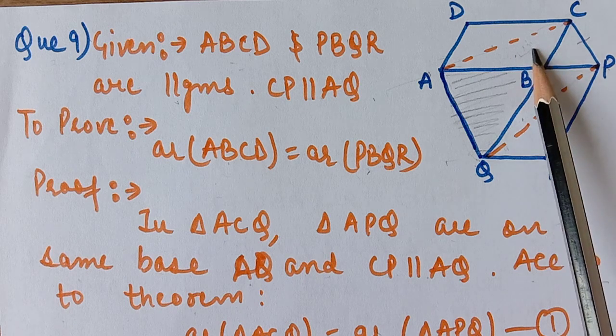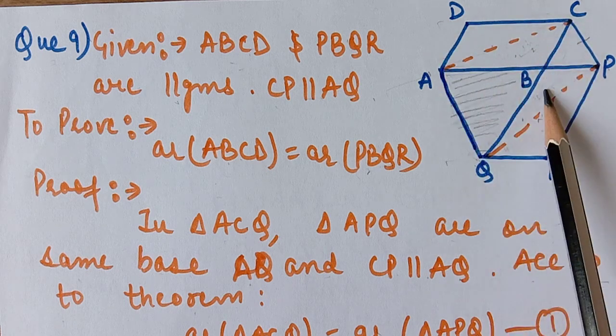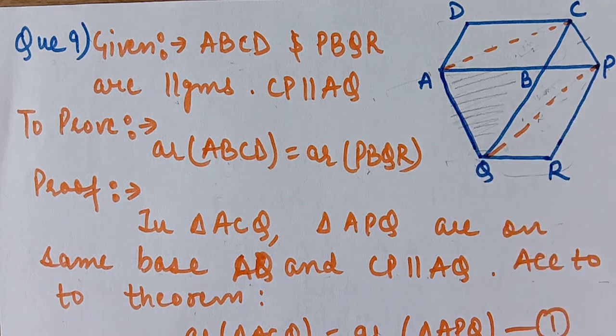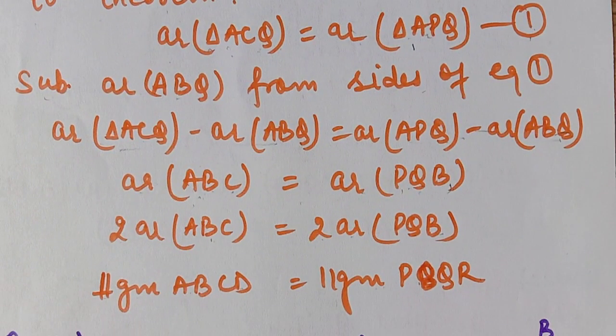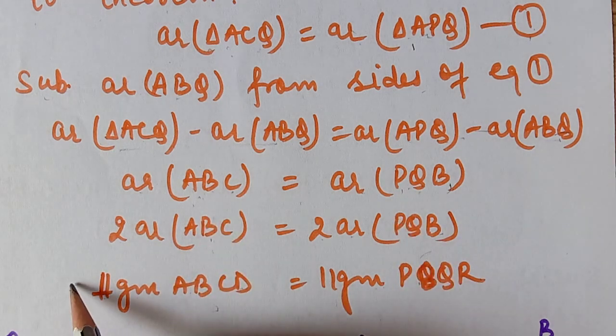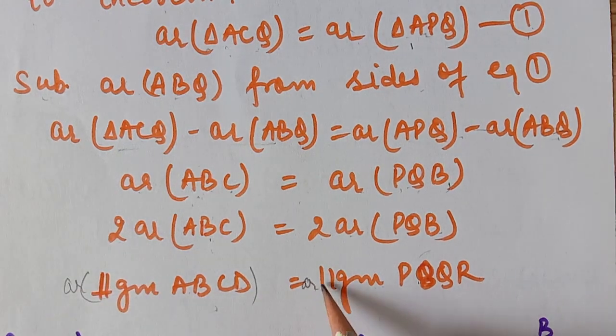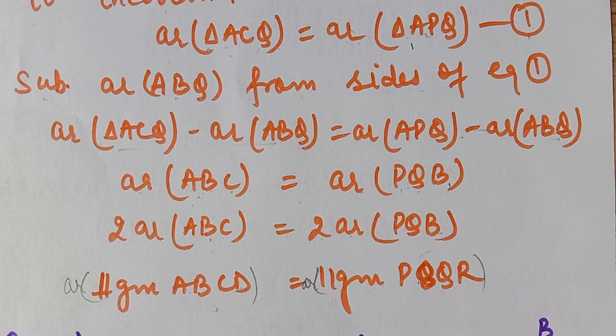So double of this triangle is this parallelogram and double of this triangle is this parallelogram, because we know that the diagonal of a parallelogram divides it into two triangles of equal area. So we will multiply our given equation by 2. So it is parallelogram ABCD and it is parallelogram PBQR. So the area of parallelogram ABCD is equal to the area of parallelogram PBQR.